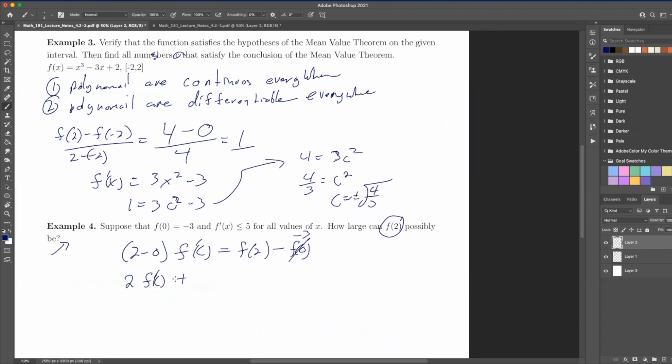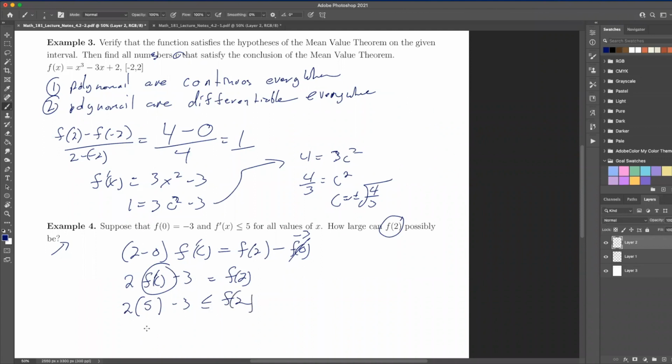Oh, so this is plus 3, right? So minus the minus 3 makes this plus 3. When I move it back over, this is minus 3 is equal to f of 2. But what do I know about f prime of c? I know f prime of c has to be strictly less than 5, right? And so if I set it to be 5 or less, right? And so here, if I set this equal to 5, minus 3 is less than or equal to f of 2.